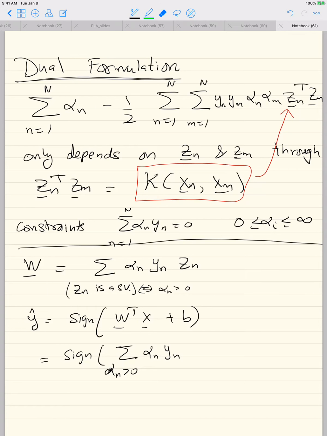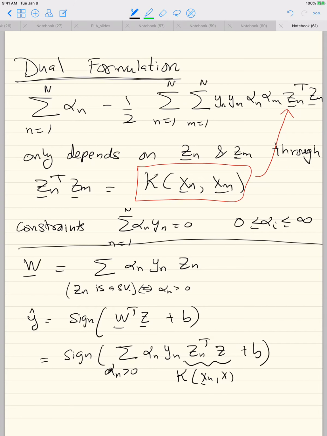I think I'm doing things too fast here. This should be a z because we are in the dual space. This we can again replace by the kernel between xn and x.